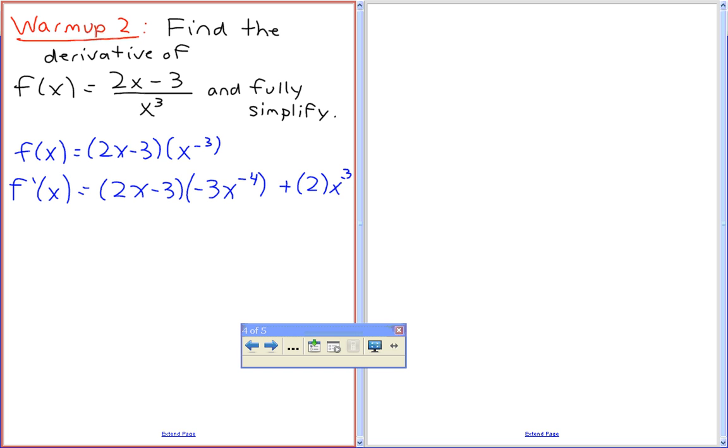I'm going to write this as two fractions. Somebody who has broad shoulders, what is 2x minus 3 times 3x to the negative 4 as a fraction? What's it going to turn into? John, go. Is that going to turn into 2x minus 3 over top of negative 3x cubed?